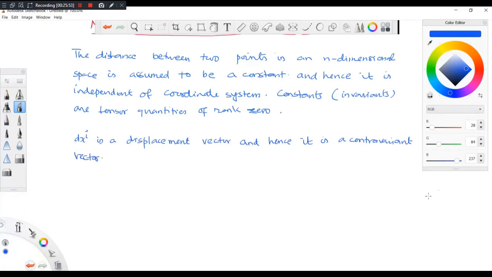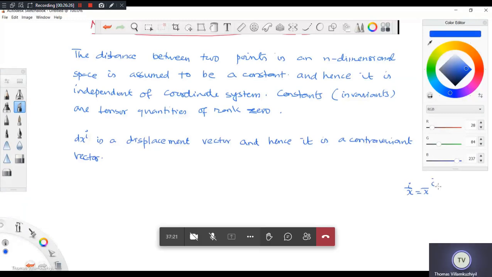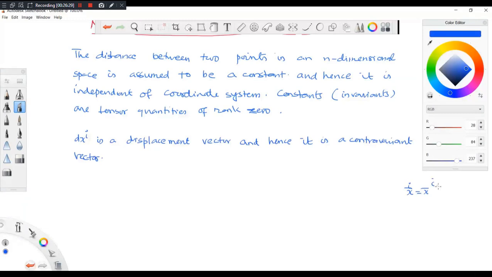Because, suppose you make a transformation from one coordinate system to another. See, x bar i is x bar i of x1, x2, etc., xn. How will you take its transformation? What is dx bar i? dx bar i is equal to del x bar i upon del x1 dx1 plus del x bar i by del x2 dx2 plus etc., del x bar i upon del xn dxn.